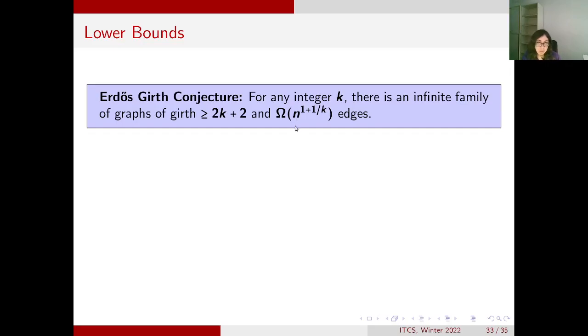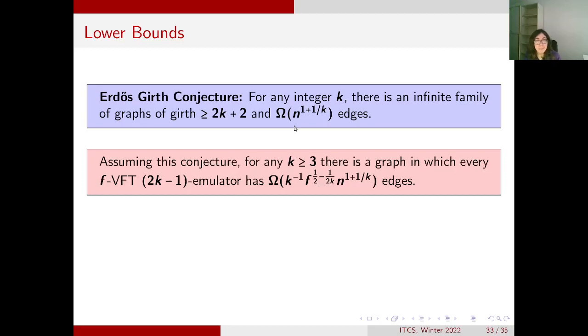This is a well-known conjecture, and it's proven for some values of k. But using this conjecture, we turn it into a lower bound for constructing 2k minus 1 emulators, and basically show that we need at least roughly these many edges.